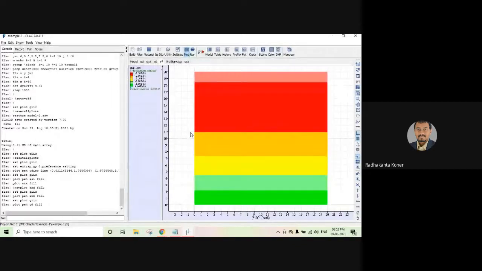Here, you have probably noticed that at the top roof of this particular block, we have applied a distributed load. Distributed load is the pressure. The pressure is kg per centimeter square or Newton per meter square, whatever it is. So it is a distributed load.